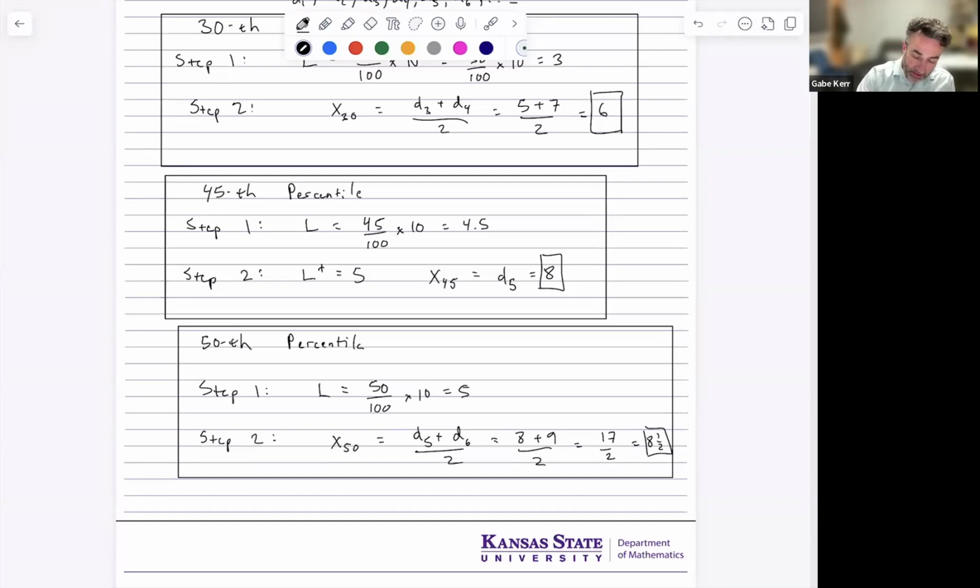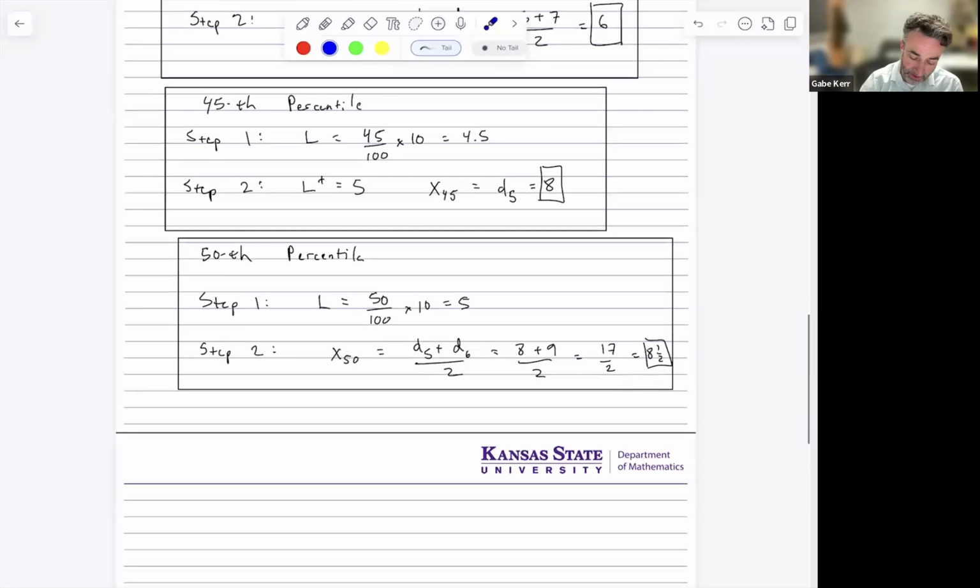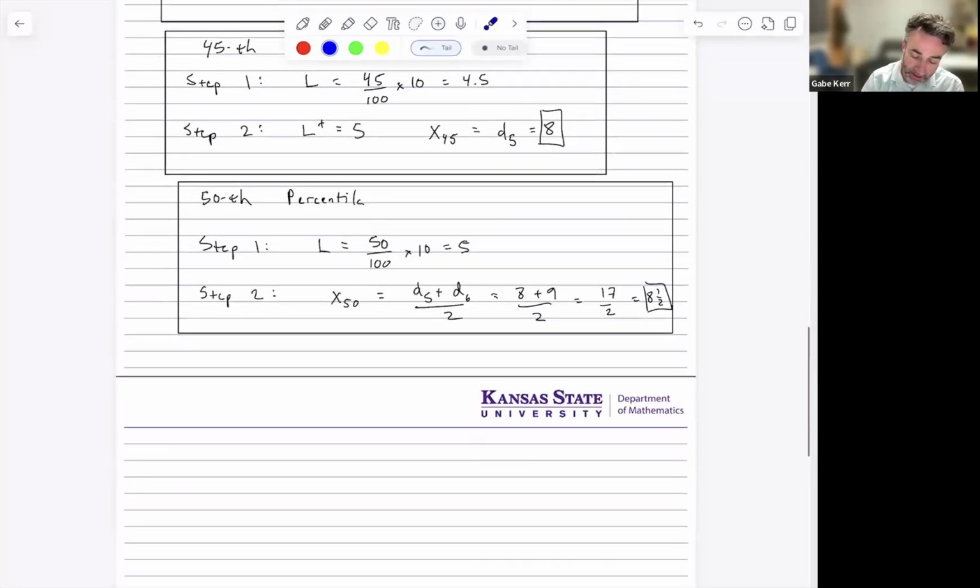Now, this last example, the 50th percentile, is one that's used so frequently because it indicates that point at which half the data is less than that number, and half the data is greater than or equal to that number. And this goes by another name. There's a special name for this one, and that is the median.